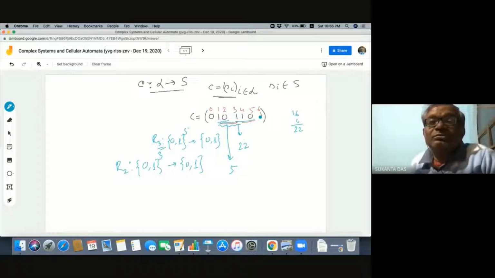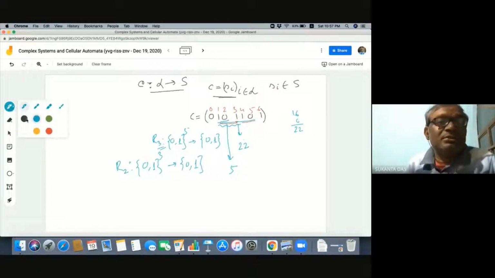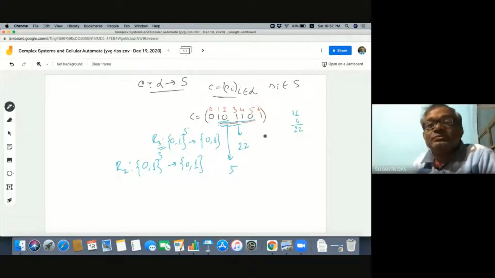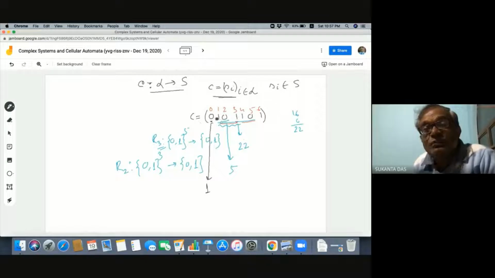So for the first cell, its left is 0, self is 0, right is 1, so 0 0 1, and its RMT is RMT 1. Similarly for cell 1, it is 0 1 0, which is 2.